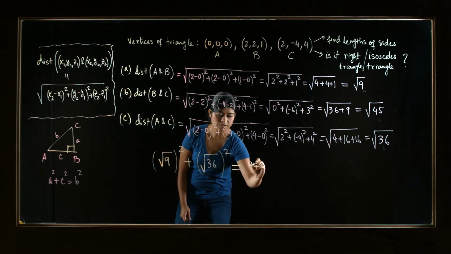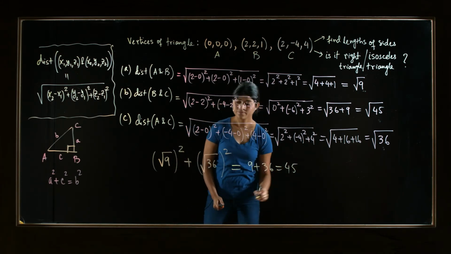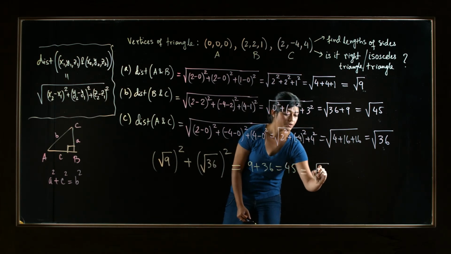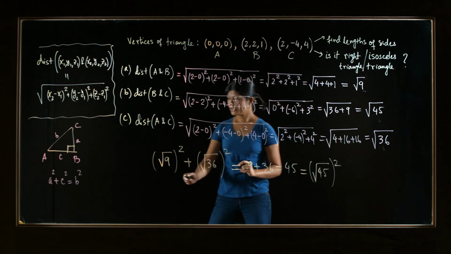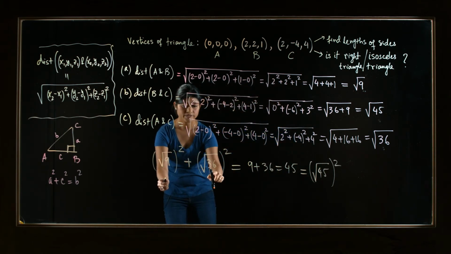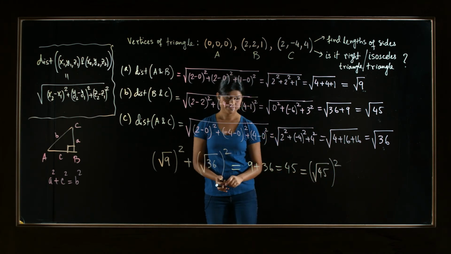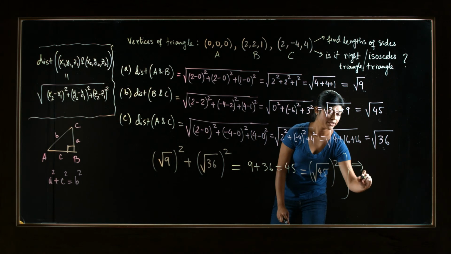This is 9 plus 36, that is 45. But 45 is the square root of 45 square. So we are getting a square plus c square is equal to b square. And therefore, this triangle is a right triangle.